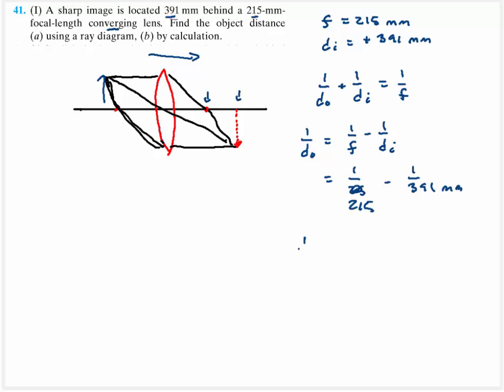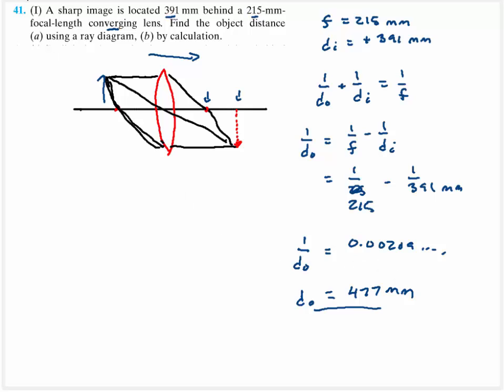Type all that into your calculator. You're going to get 1 over the distance to the object equal to 0.00209. Some more decimal places, just keep them. Go ahead and invert that in your calculator, and you're going to get the distance to the object, 477 millimeters. So my drawing really wasn't to scale, but it was larger than the focal length.